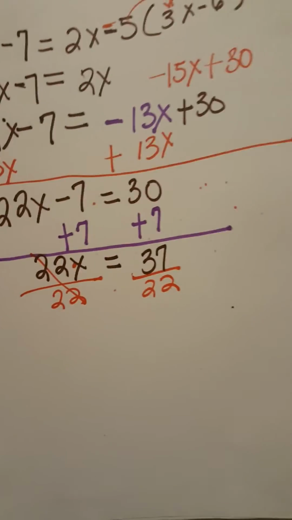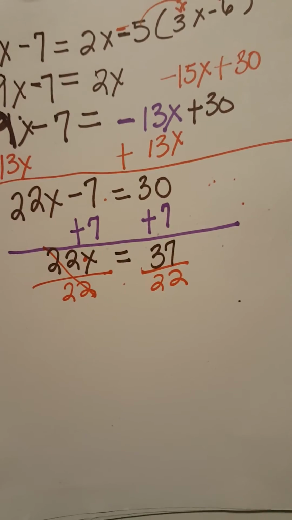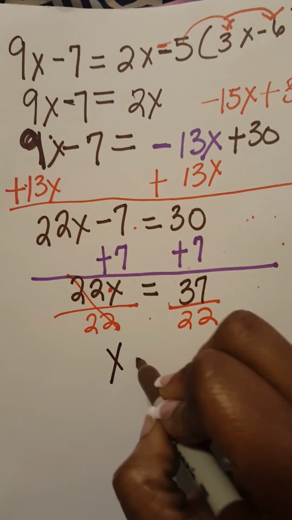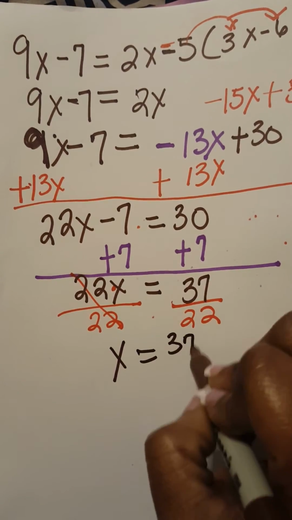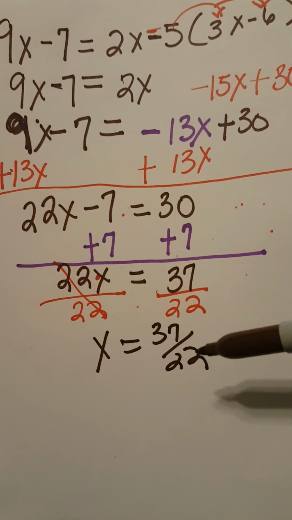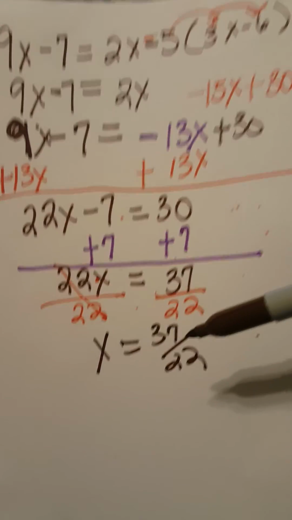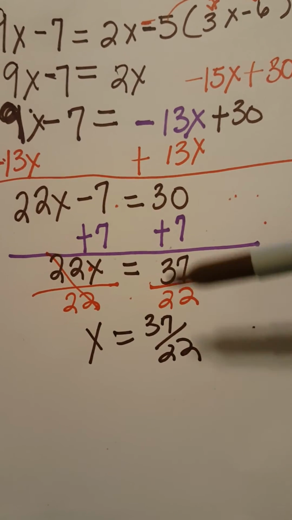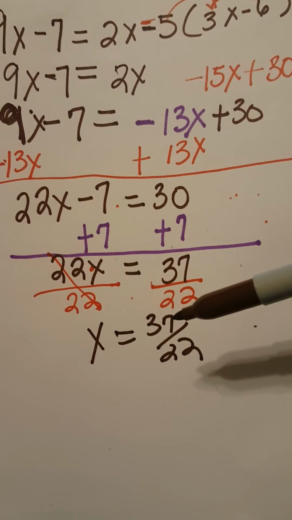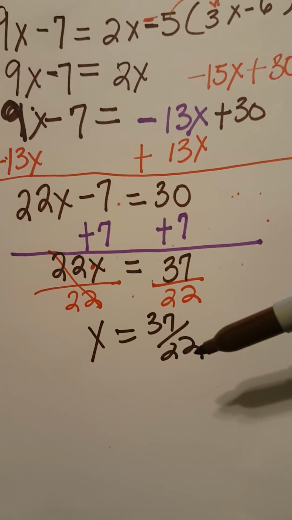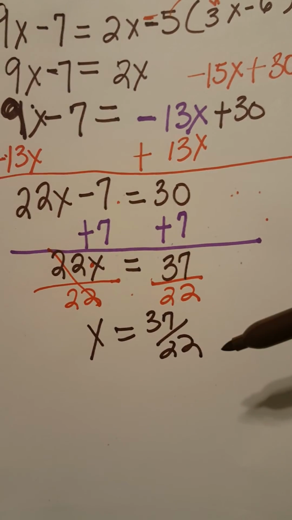Now, let's rewrite this problem to see what I have left and to see if it can be reduced. x equals 37 over 22 is my answer because it can't be reduced. It could be changed into a mixed number if it asks you to move that far, simply because the numerator is greater than the denominator. So you just do that by dividing 22 into 37 to get that final answer.